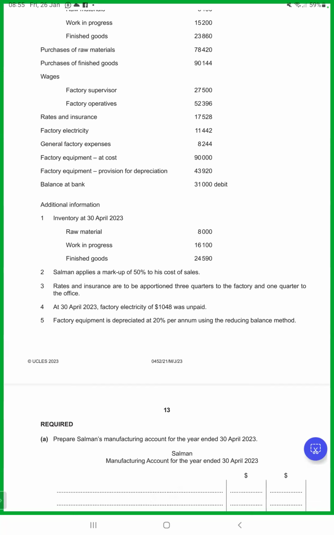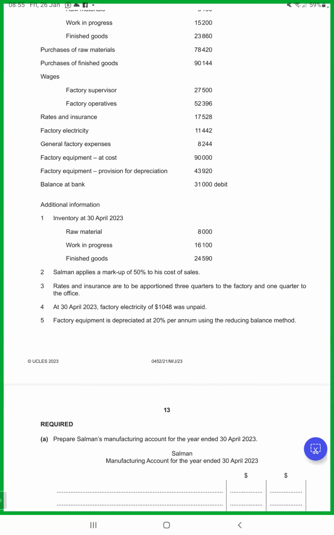Then there is also the provision for depreciation from the previous period being 43,920. So you should subtract the 43,920 from 90,000, which is the cost. So it's cost minus the provision for depreciation from the previous period. What you remain with is what you're going to multiply by 20%. The net book value.